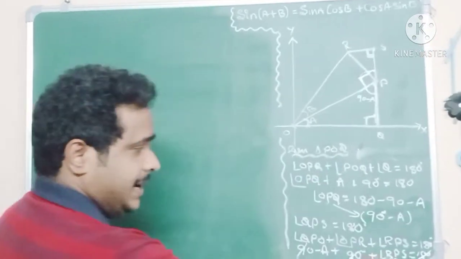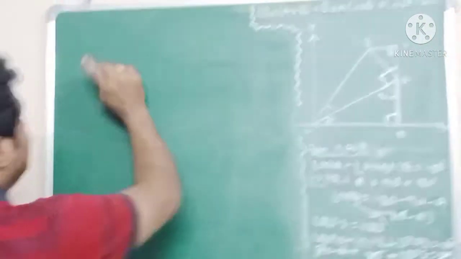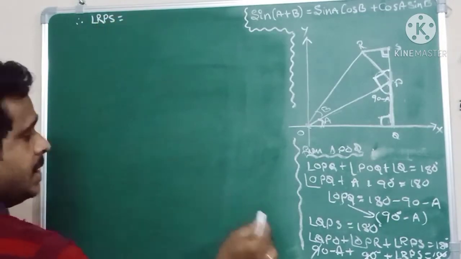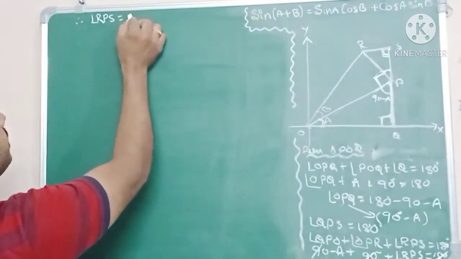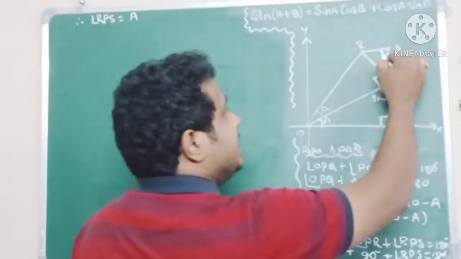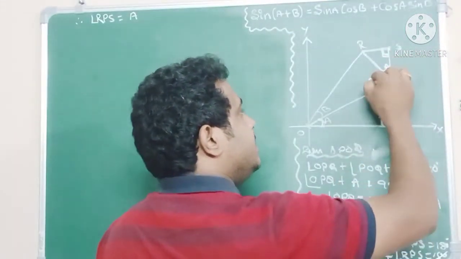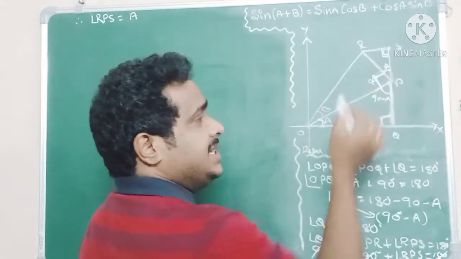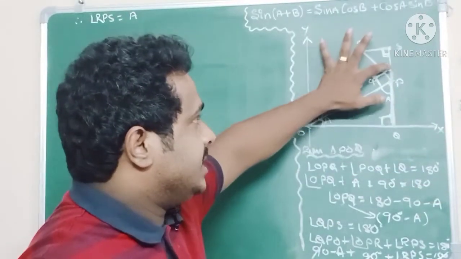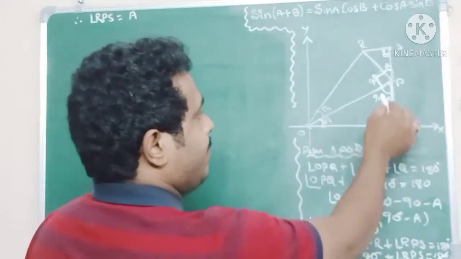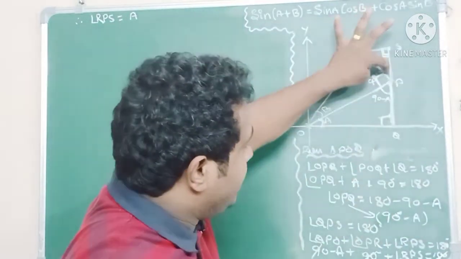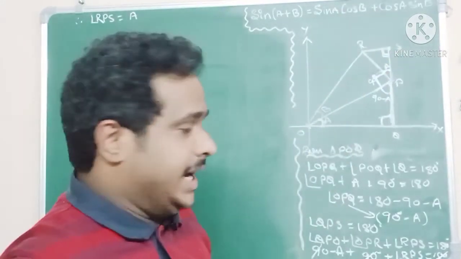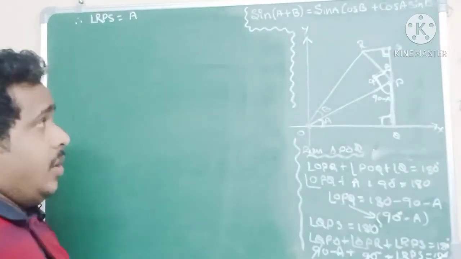Then finally angle RPS equals A. This angle is A. See, this angle is 90 degrees, 90 minus A plus 90 plus A, with minus A plus A cancelled, is 180 degrees, a linear pair on a straight angle. Clear?